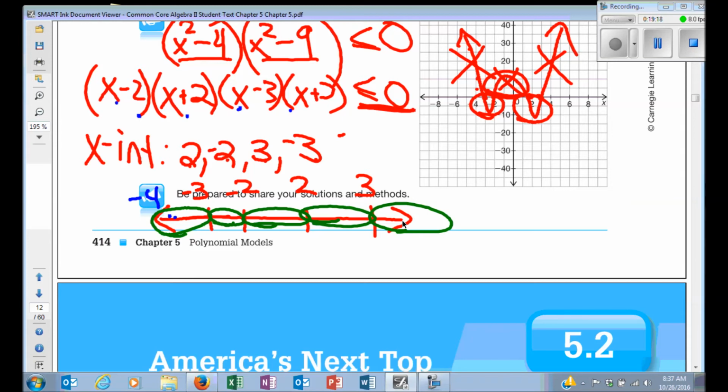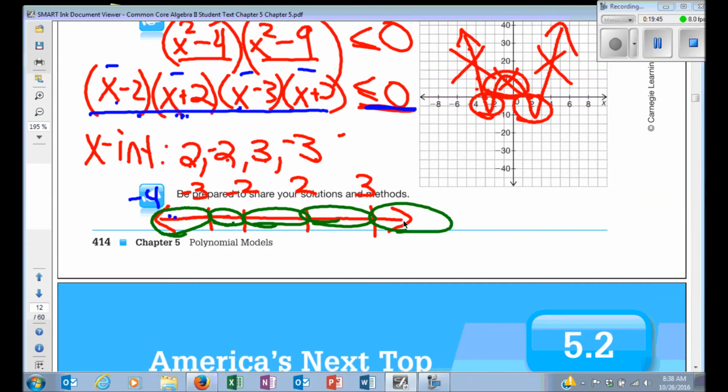-4 minus 2 is a what? -6. Just watch what I do. -4 plus a 2 is a -2. -4 minus 3 is a -7. And -4 plus 3 is a... Now, if I am comparing this to 0, do I really care what number is on this side?